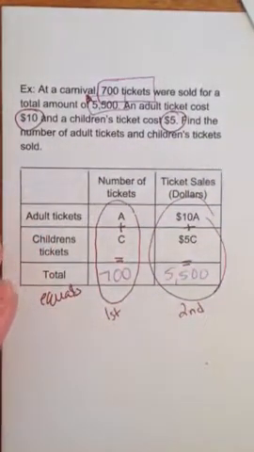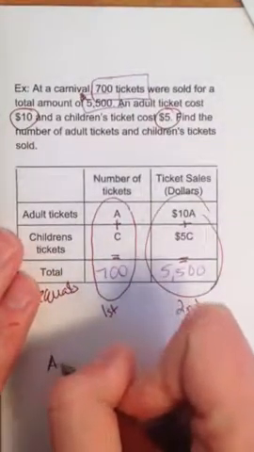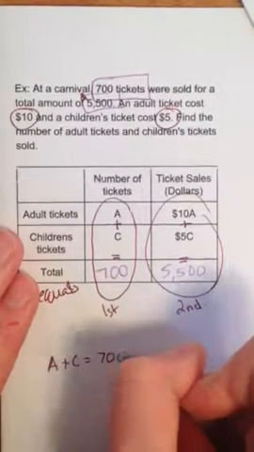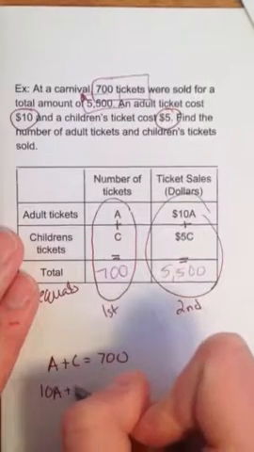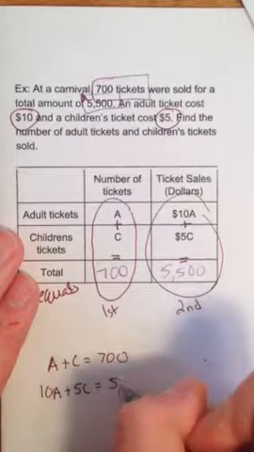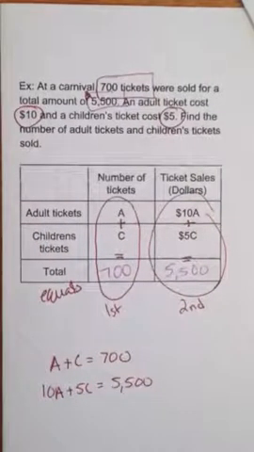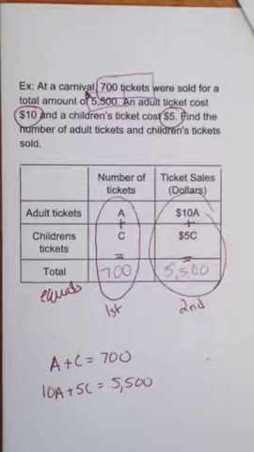Okay, so I'm going to write them left to right now. So I have A plus C equals 700 and 10A plus 5C equals 5,500. Okay. So now I can do what I've been doing all along. I can use substitution or elimination to solve for A and solve for C, right?